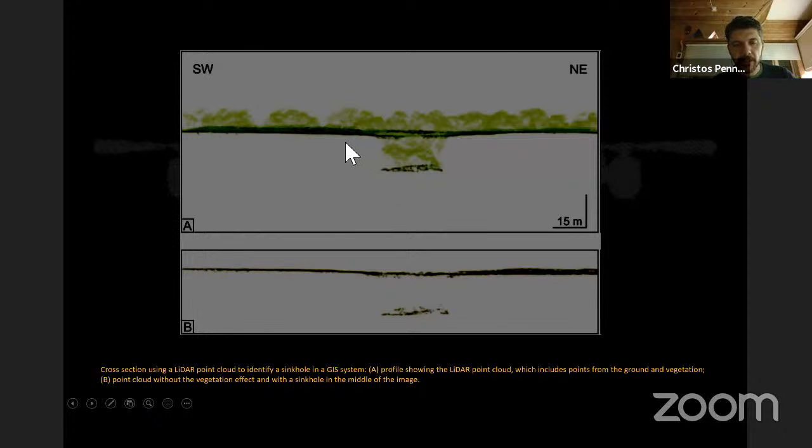And here is the same data after removing the vegetation. This is what I was telling you about the LiDAR data, that one can classify the reflection, the backscatter data, and can choose to dismiss or hide some of the data and work however he wants.